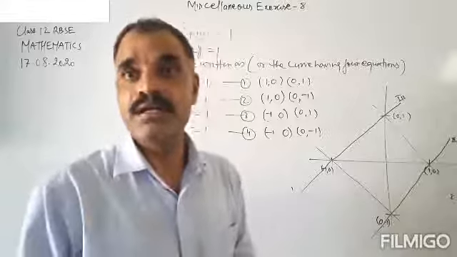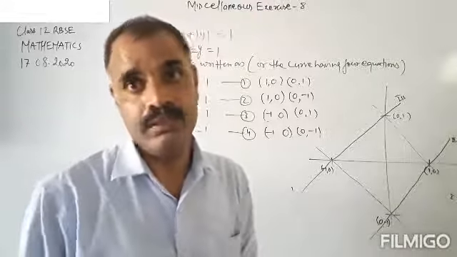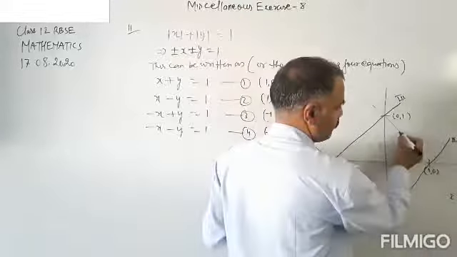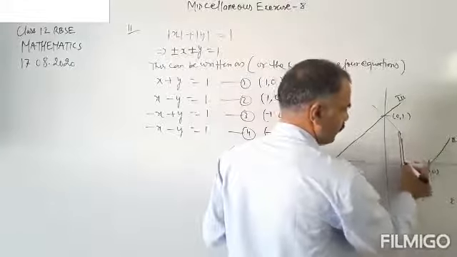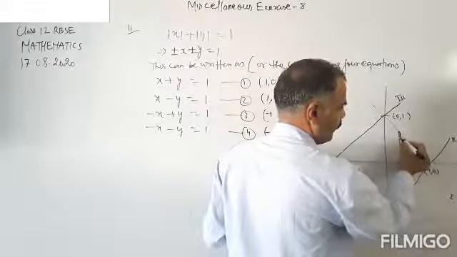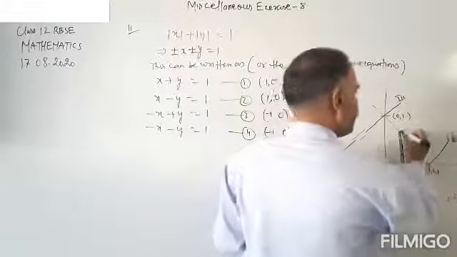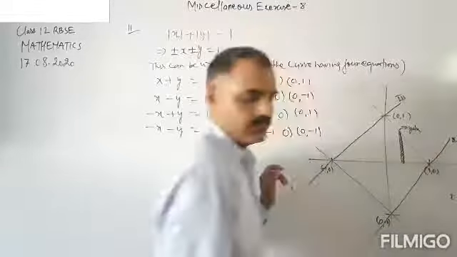That is why we will find the area of one part and multiply by 4 to find the total area. So we will find the area in the first quadrant.